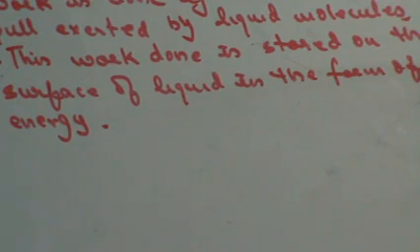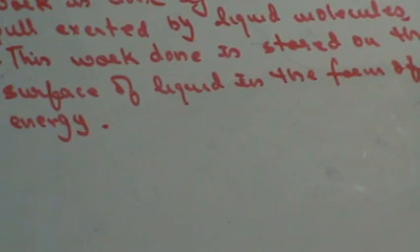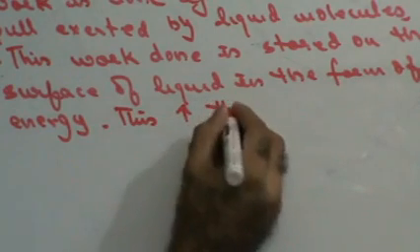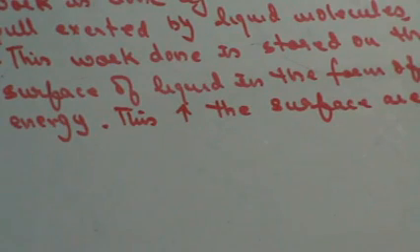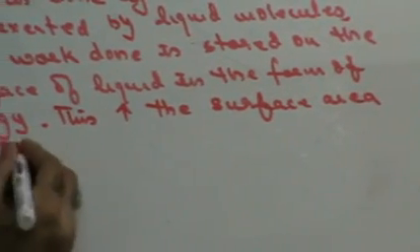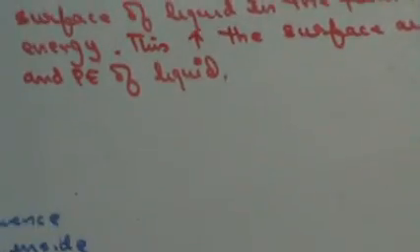Now, as the molecules are moving down, some work is going to be done to bring them up. Hence, there is going to be some energy on the surface of the liquid. Now, I can say that this is stored on the surface of the liquid in the form of energy. This increases the surface area and the potential energy of the liquid, right?